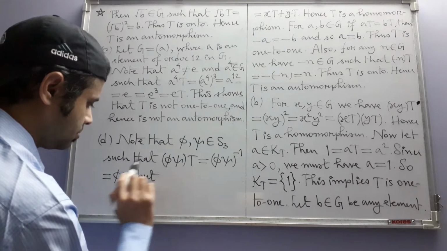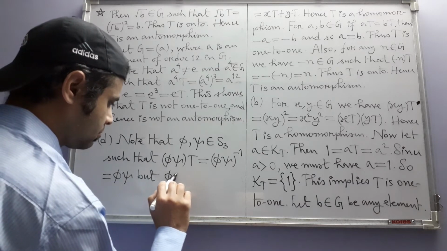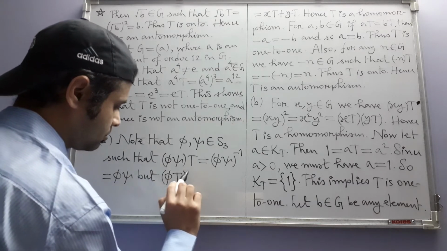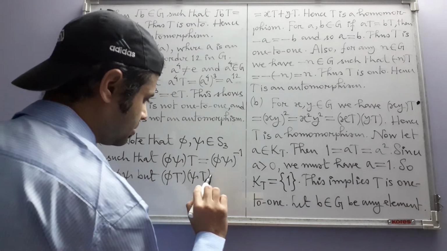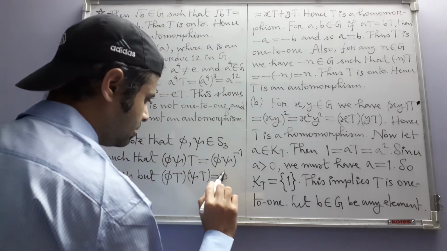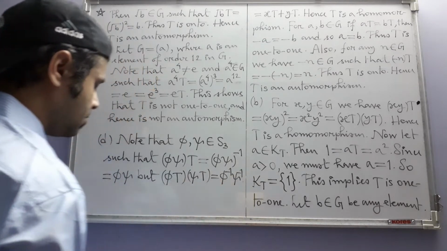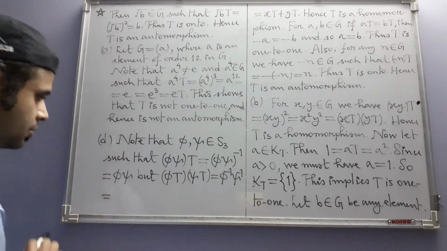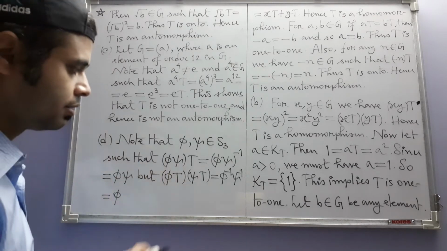But if we calculate this instead, then we get phi inverse psi inverse. Now phi inverse is phi. Phi is an element like phi psi.